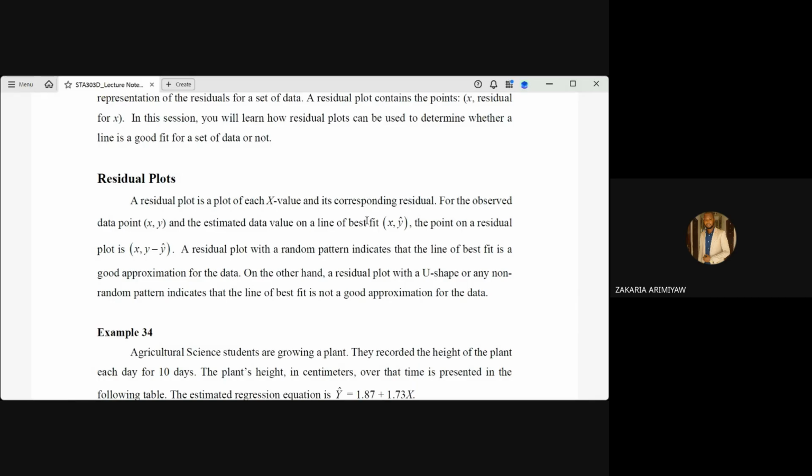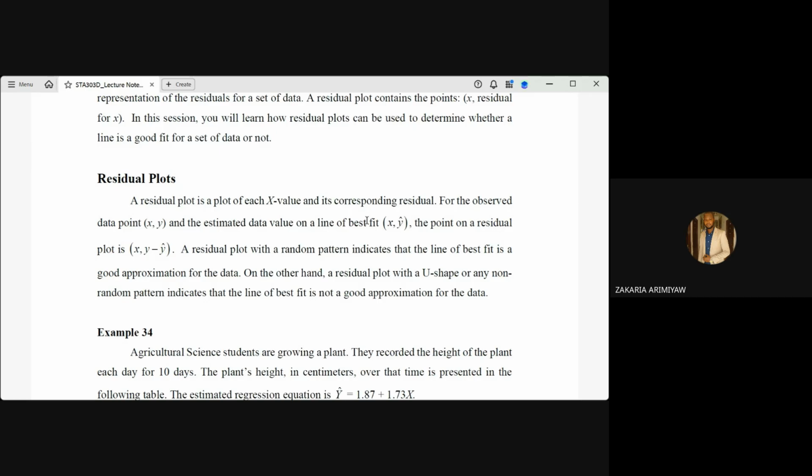We can use the residual plot to determine whether the regression equation that we have estimated will fit the data well or not. In order to get this information, we have to look at the pattern of the residual plot.